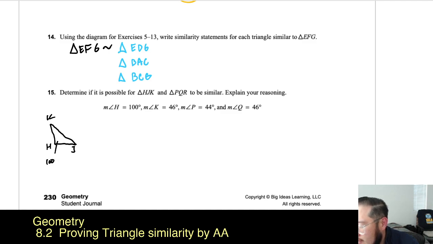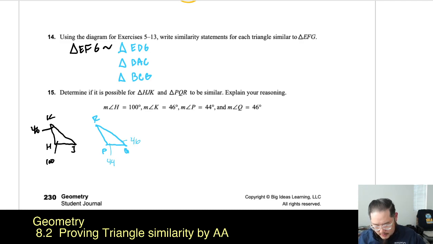And then with our other triangle, we've got P, Q, and R. P is 44, Q is 46, and then we have to figure out what R is.